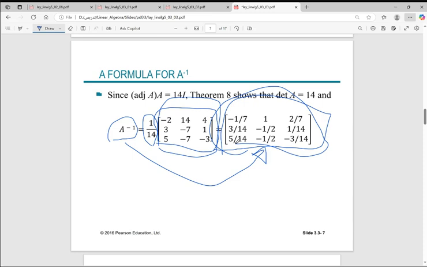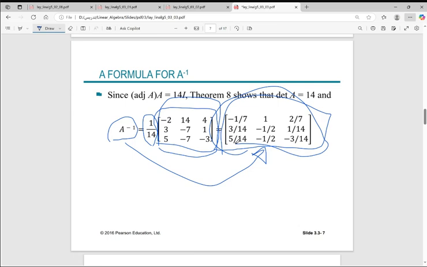Sometimes in the exam, we may ask you to compute A minus 1 using echelon form and row operations. Then you should use the method that you already learned. These are two different methods to compute A minus 1. You should be familiar with both of them.